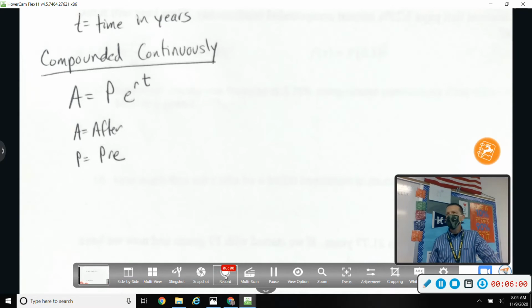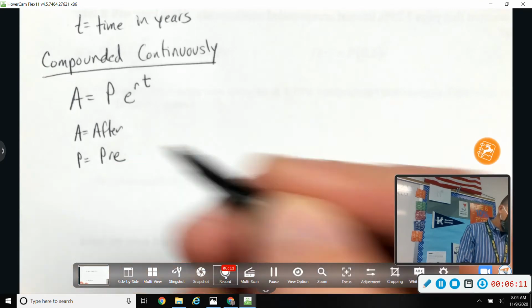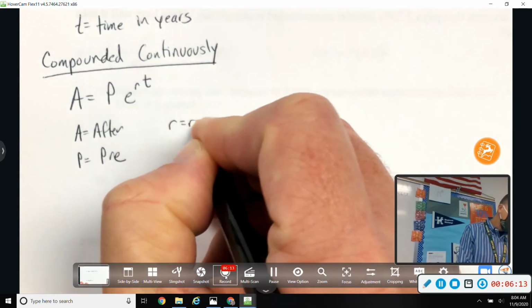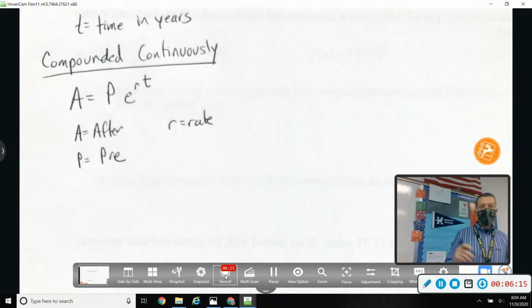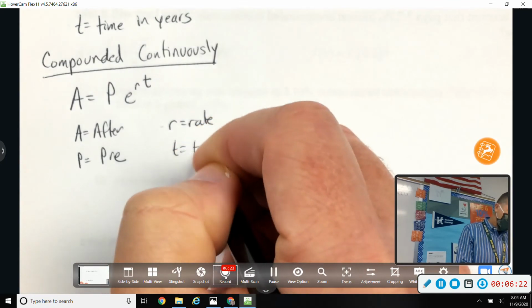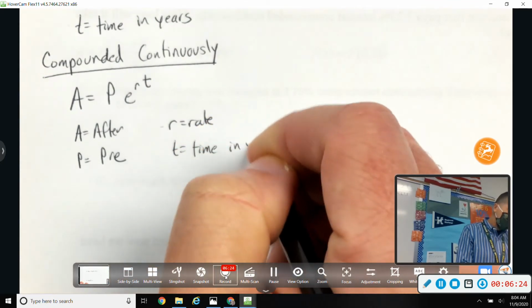Again, officially it's principal and amount, but just call it after and pre. E is just a number. It's a number in the calculator, so you don't have to worry about that. The calculator handles that part. R and T are still the same thing. R is rate, with the same caution about 3.7% is 0.037. And T is time in years.